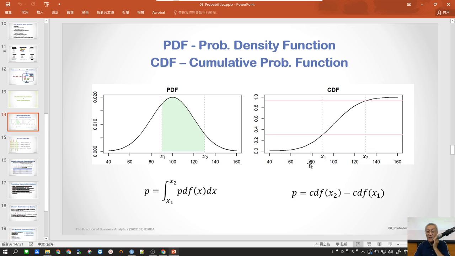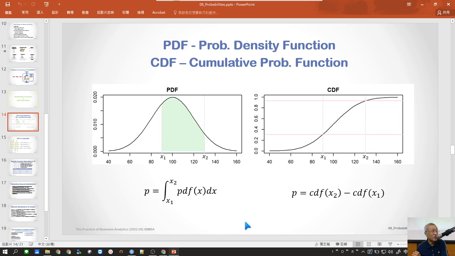for example, if I want to know the 95% confidence interval, or I want to make sure that with 80% probability X would be lower than a certain value, you know the probability but you do not know X. So you will use the Q function.